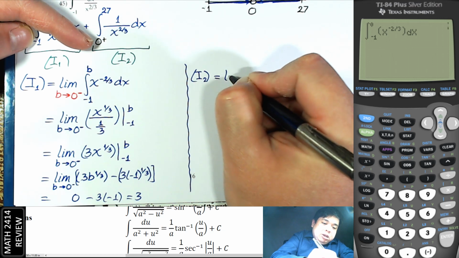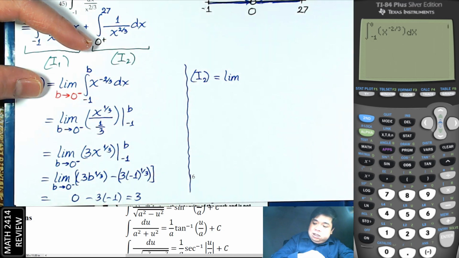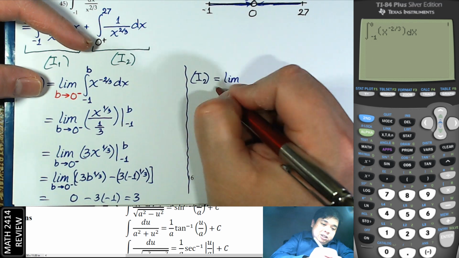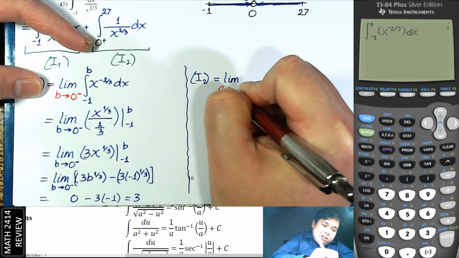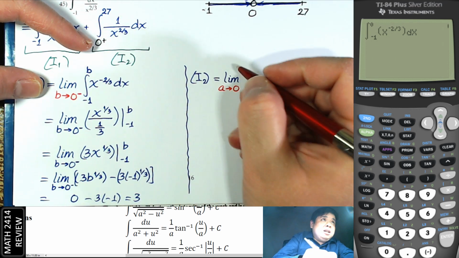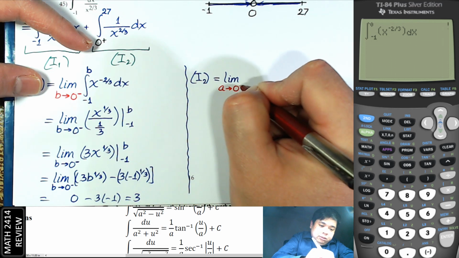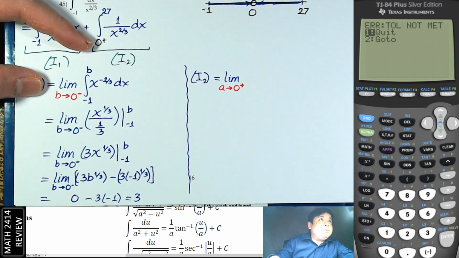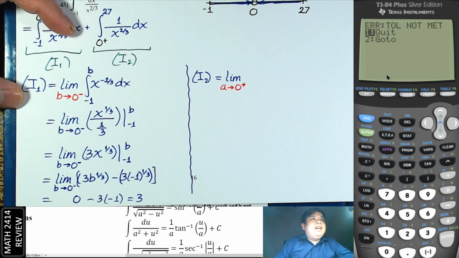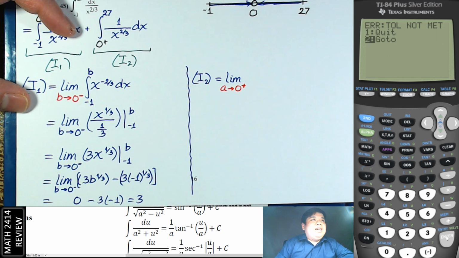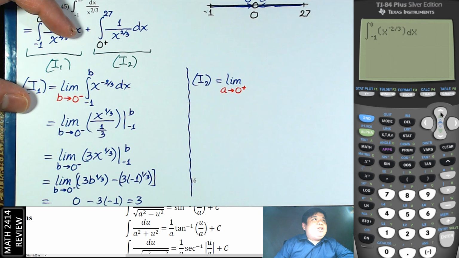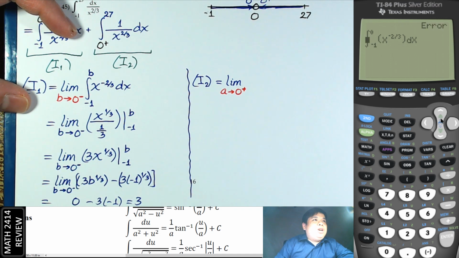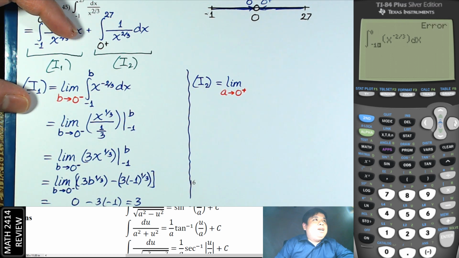Now we have the lower limit, so let that be a. Right, so that's the problem with it. So that's why we need to change it to a very small number, right?